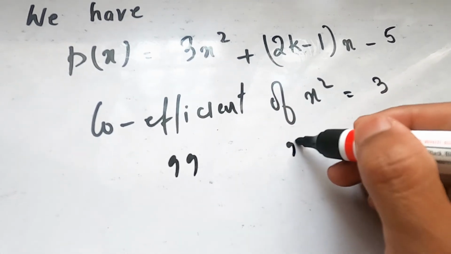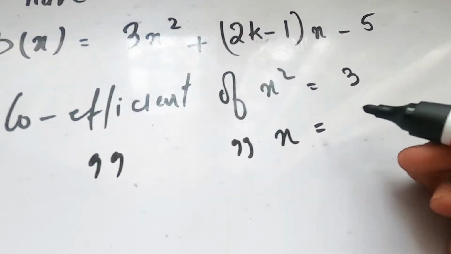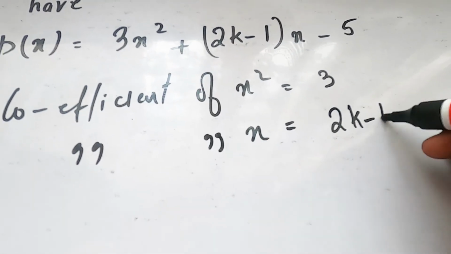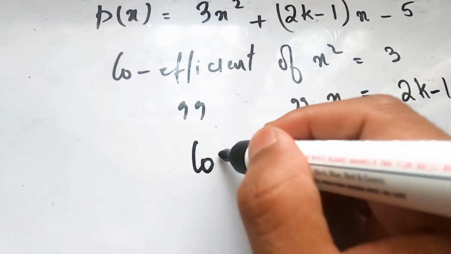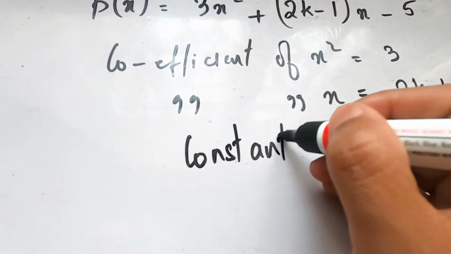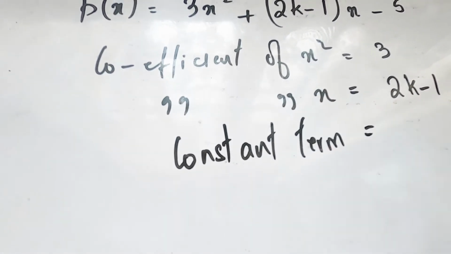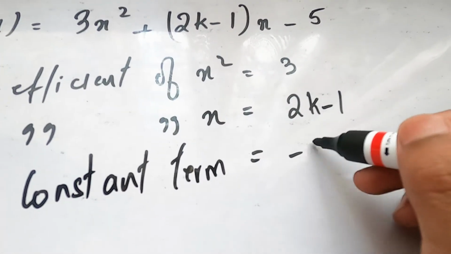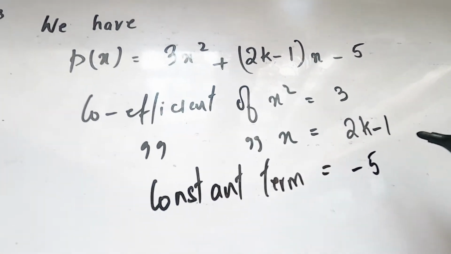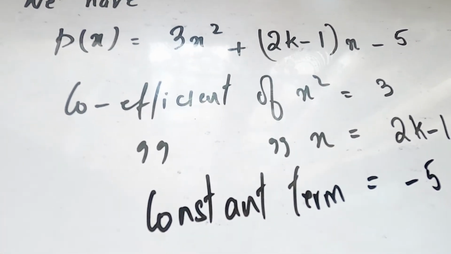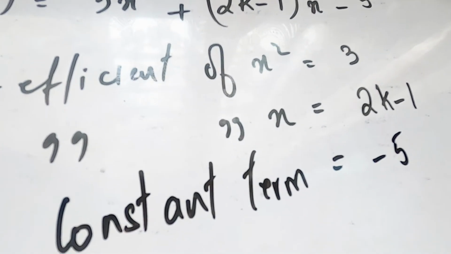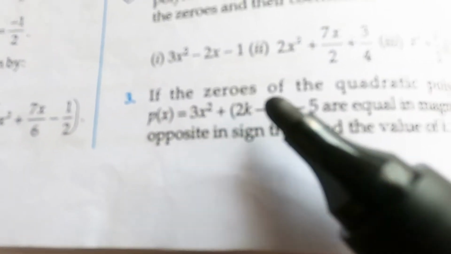So the coefficient of x will be 2k − 1, and the constant term will be −5. All right. So now according to the question, if the zeros, that is the value of x, are equal in magnitude and opposite in sign.